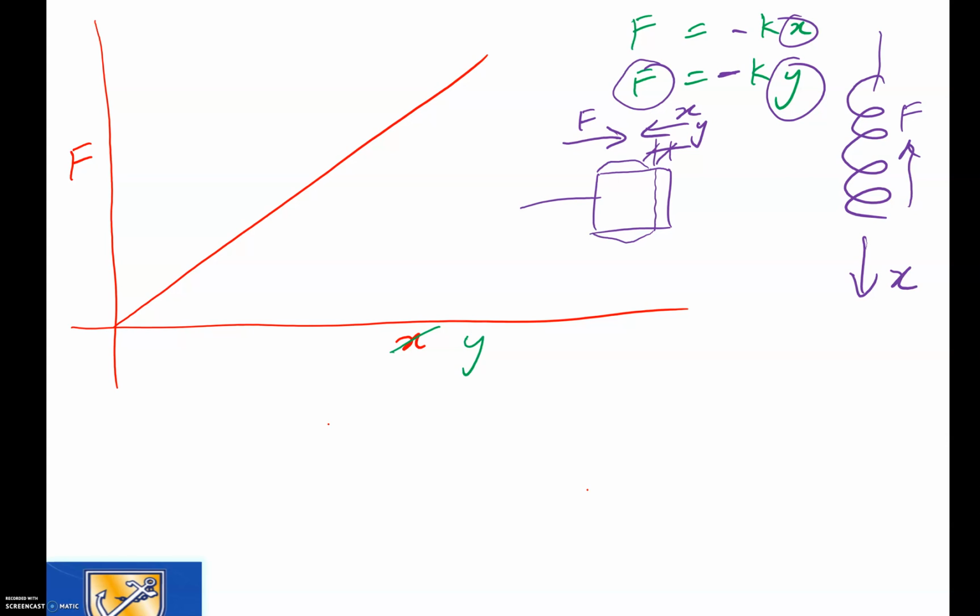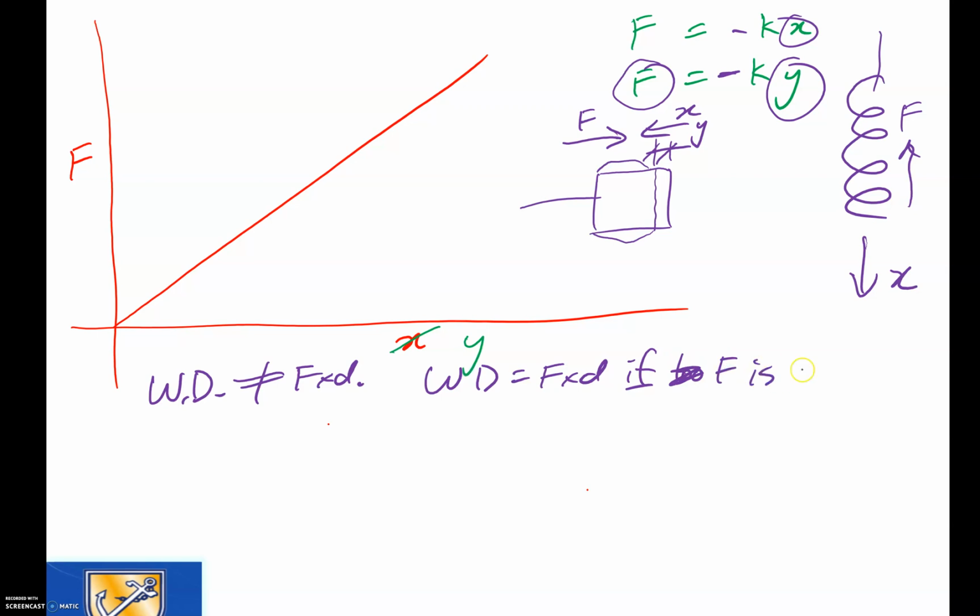Something that I haven't made a big thing about is that the work done for a system is not always equal to force times distance. Work done will be equal to force times distance if the force is constant, and that's true when we have something being dragged over a distance.